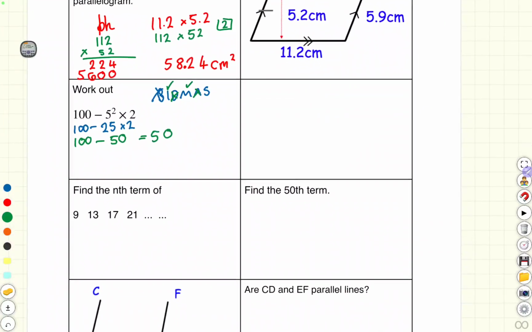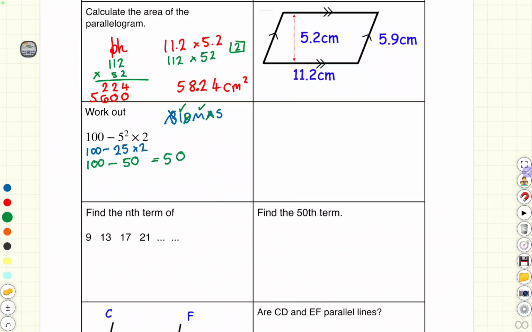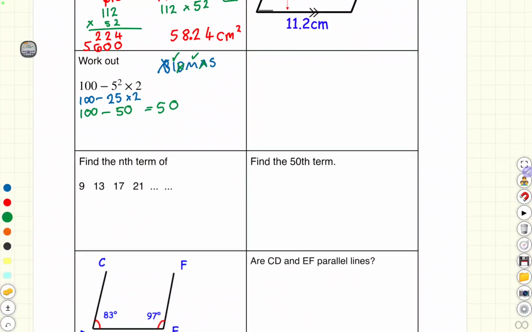Question number 4, is to do with the nth term of a linear sequence, and then finding the 50th term of this sequence by using that nth term. So we see first of all, what is the sequence going up by each time? It's going up by 4, so it's going to be 4n.